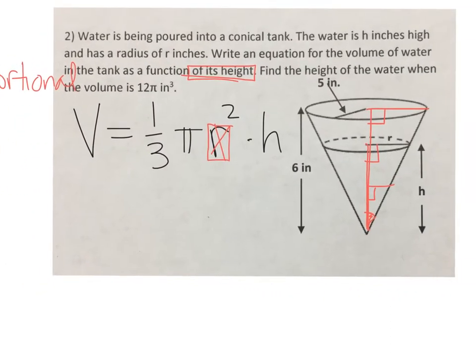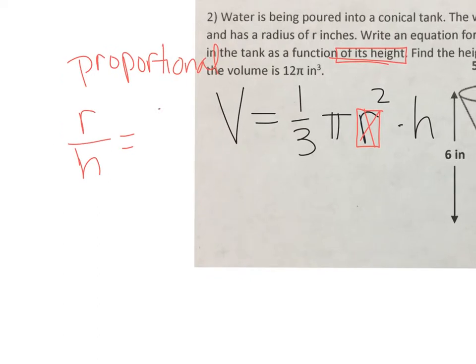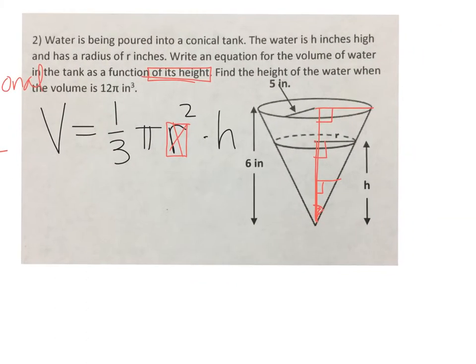So the proportion is the maximum radius, which is 5, compared to the maximum height, which is 6. We know that if the height is 6, then the corresponding radius is 5. So they will always be in that proportion.